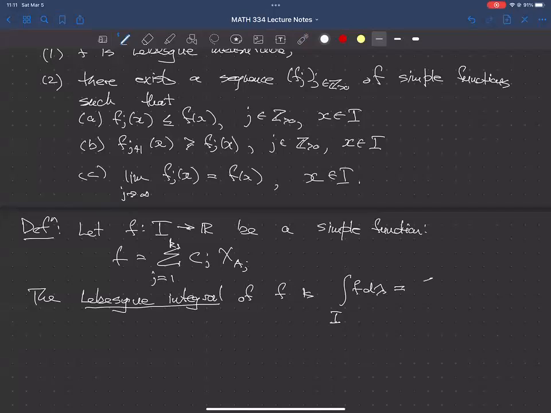And this has the obvious definition. For this to make sense, I want to be careful, because one of these sets Aj might have infinite measure.